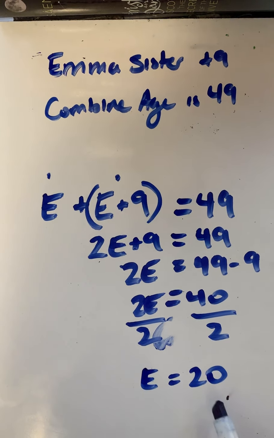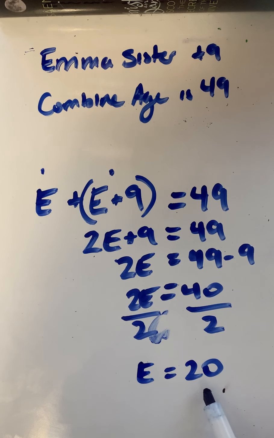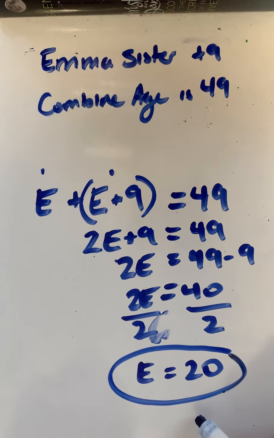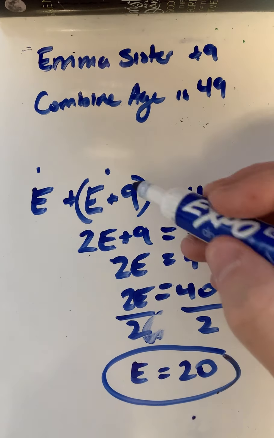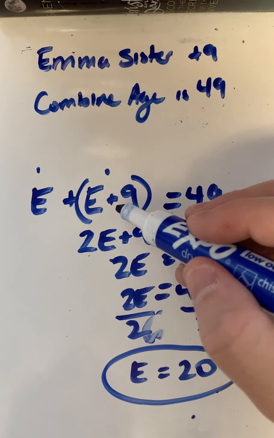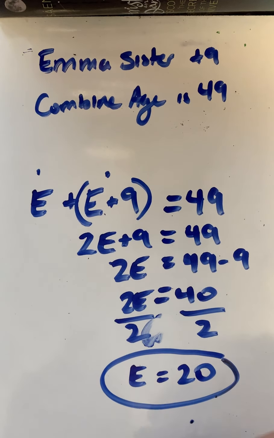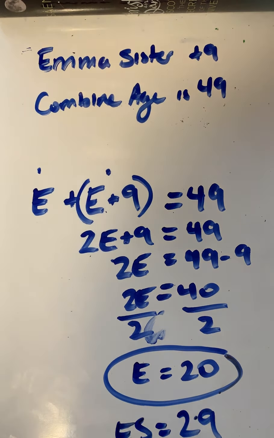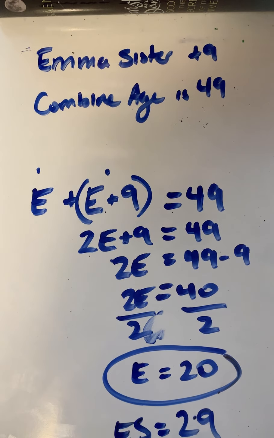And this is where some people stopped. Okay? They said 20. Emma is 20. So I have to go back to Emma's sister. Emma's sister is Emma's age plus 9. So that means that Emma's sister is 29 years old. Add those up together, you get the 49.